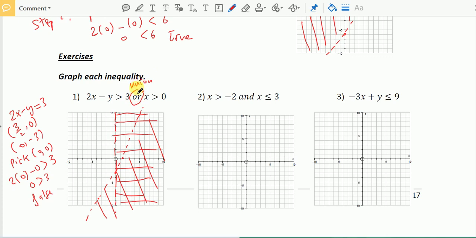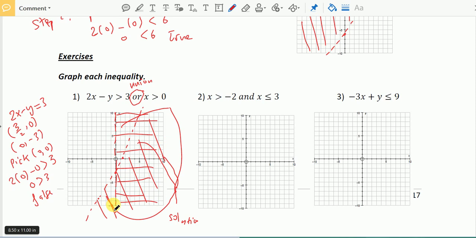That means all the regions of the two inequalities, the whole thing here, the whole thing here, and the whole thing here. They are all the solution, because for a union we take all the regions of the inequalities to be the solution.